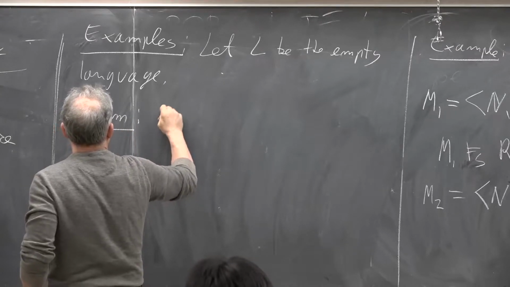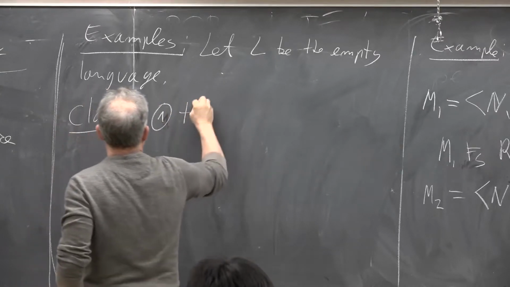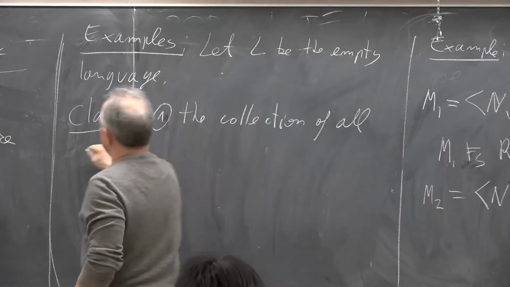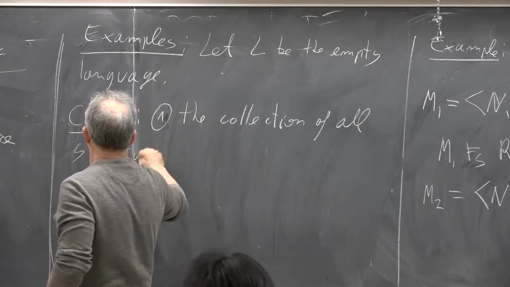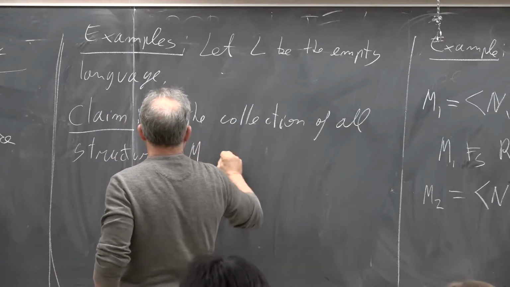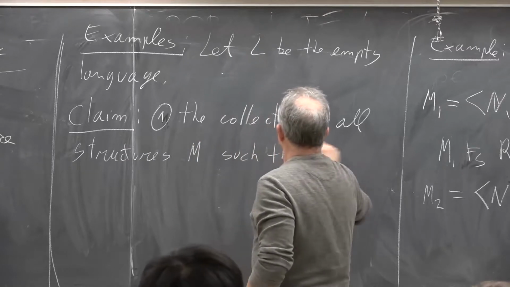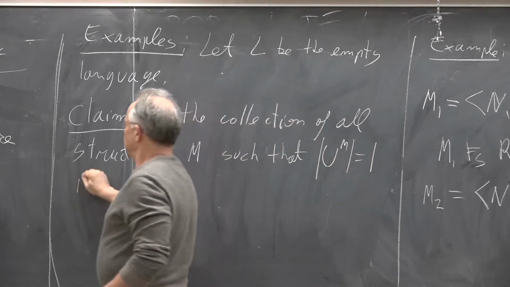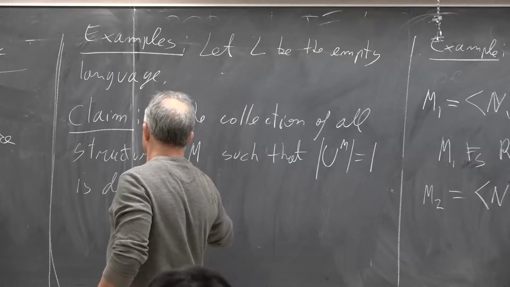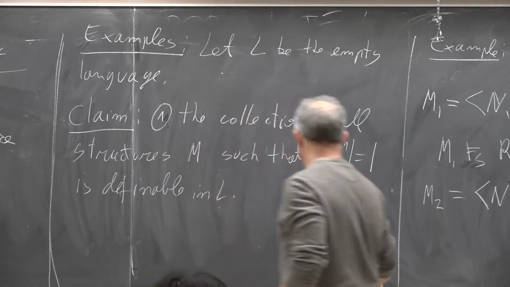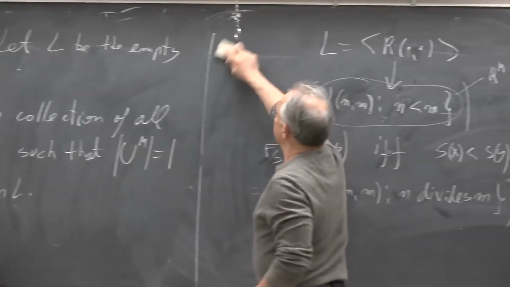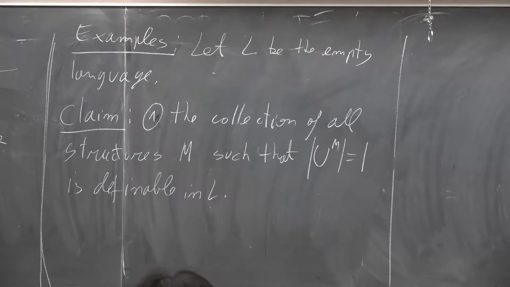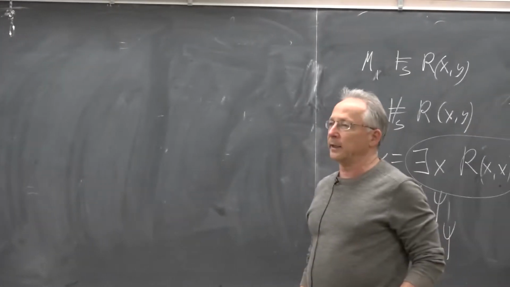So let us look at one: the collection of all structures M such that the universe of M has size 1 is definable in my empty language L. Can you give me a definition of this set of all structures that have exactly one element?